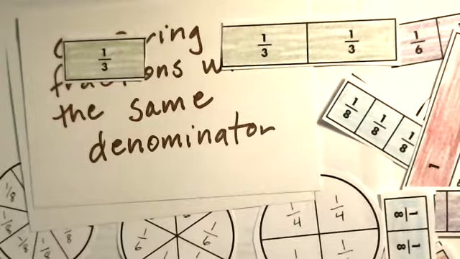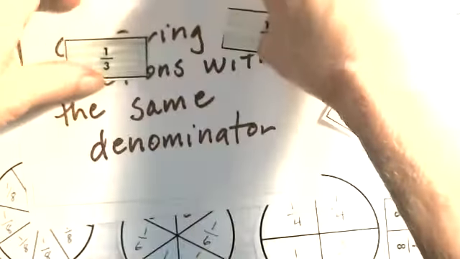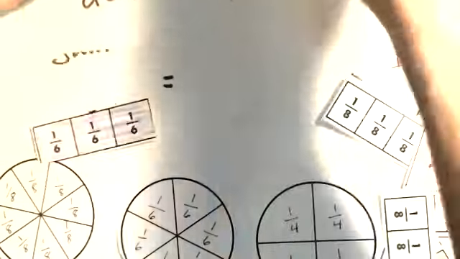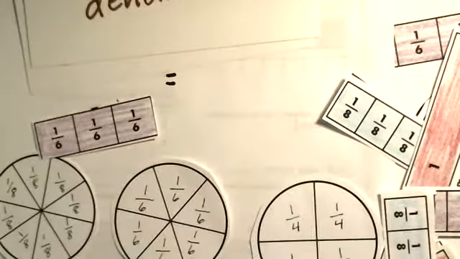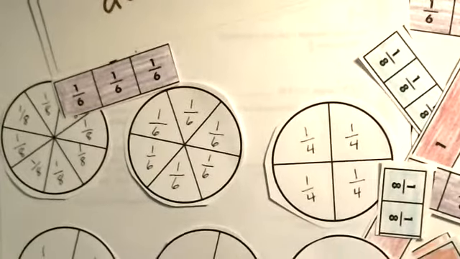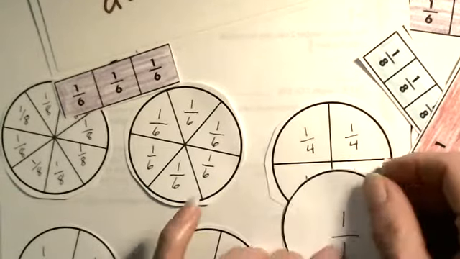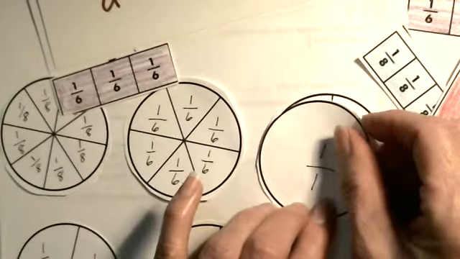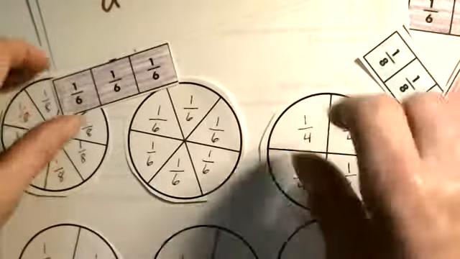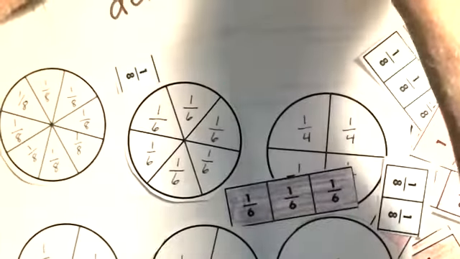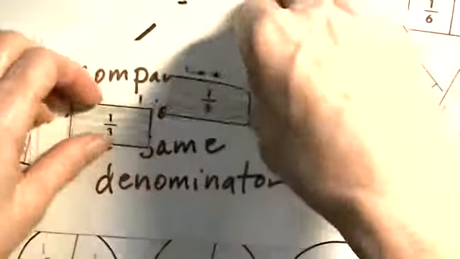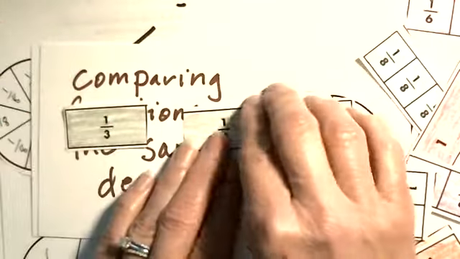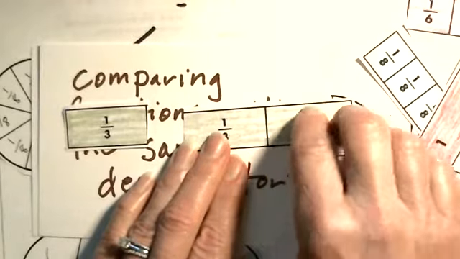So if you're comparing when they have the same numerator, like these unit fractions, you're looking for the fraction that has the smallest denominator, because that means you broke it up into the least amount of pieces. If you are comparing with the same denominator, thirds, this 2/3 and 1/3, you're looking for the bigger numerator, for the bigger fraction.